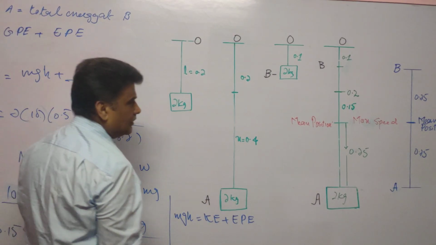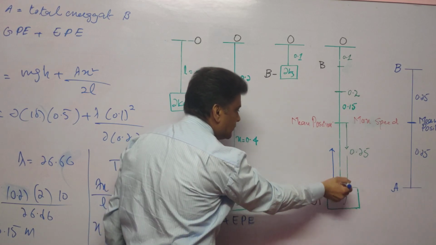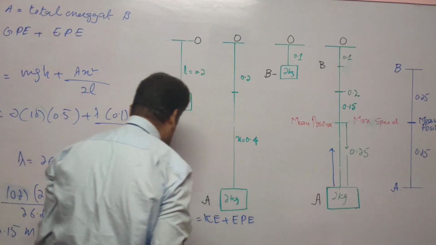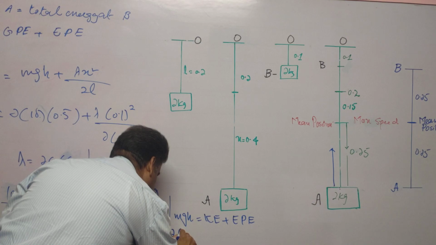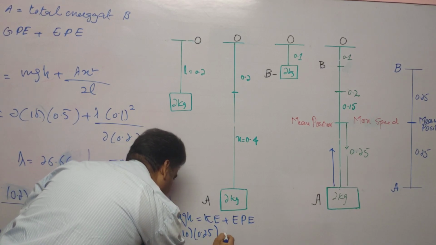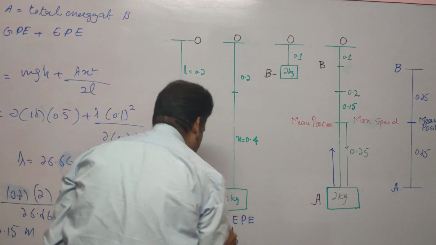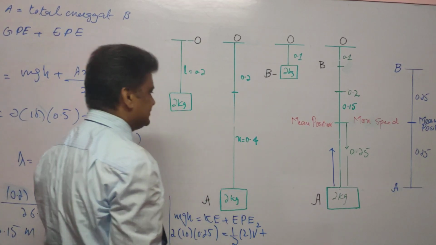The value of h from this point to this point is 0.25, m is 2, g is 10, so mgh uses 0.25, and kinetic energy is 1/2 times 2 times V squared, plus elastic potential energy.